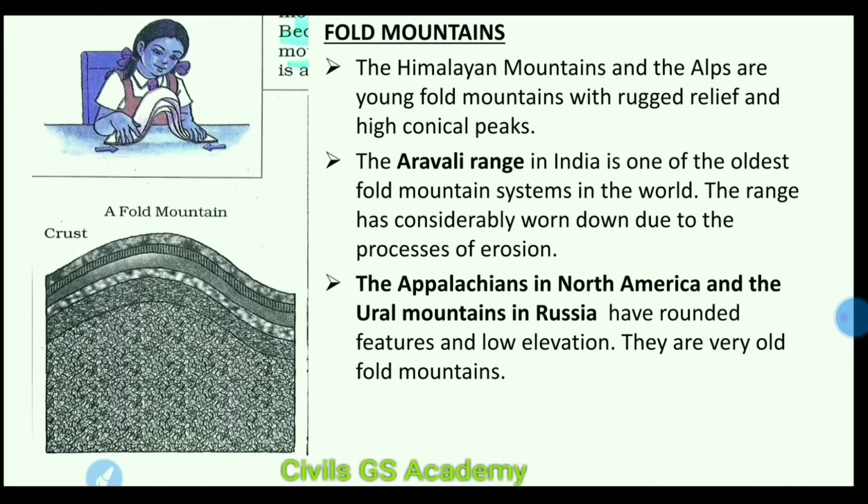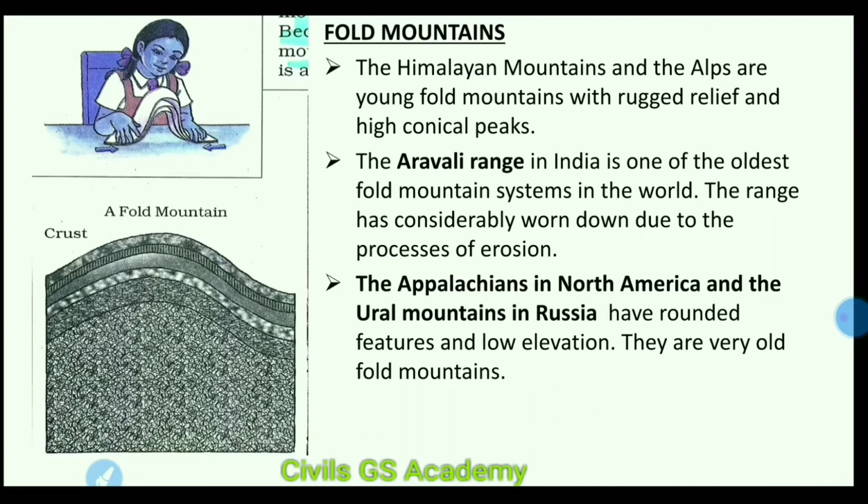When a paper is kept on a table and we start sliding the two ends of the paper towards each other, then in the middle the paper starts rising above, and this is the same phenomenon by which fold mountains are formed.